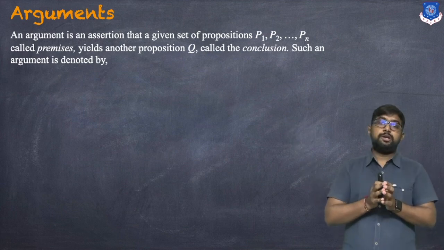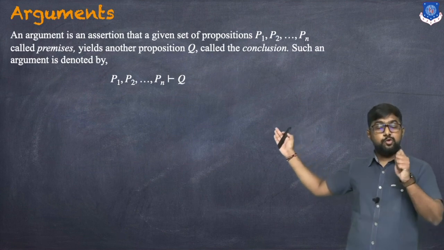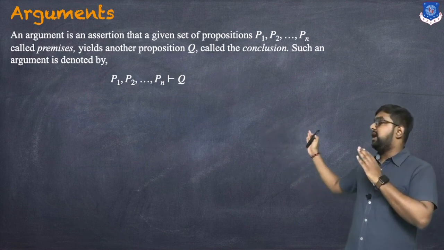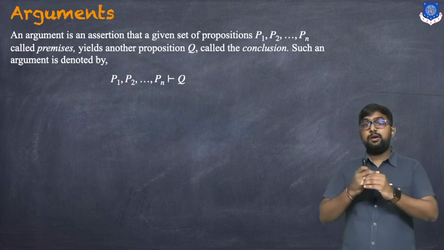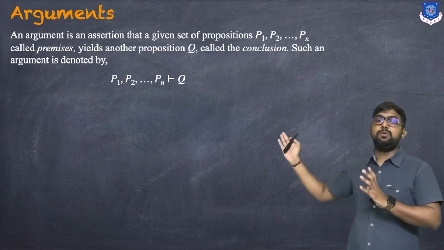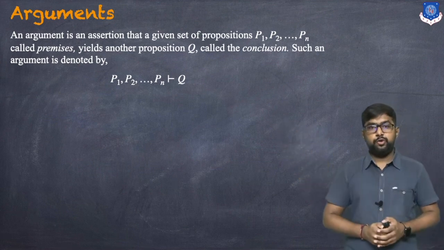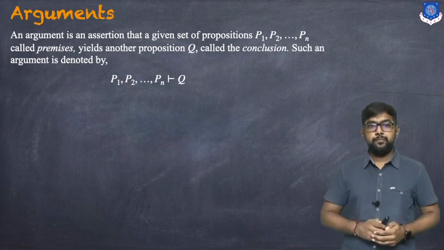Such an argument is denoted by P1, P2 up to Pn, this rotated T symbol, and then Q. That means P1, P2 up to Pn are premises, and they yield another proposition, Q, with this given symbol. After combining all this, it gives some Q.